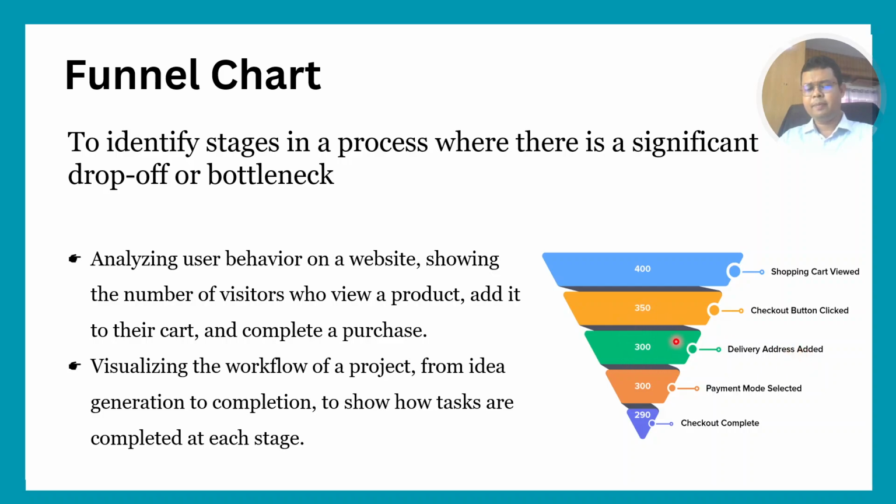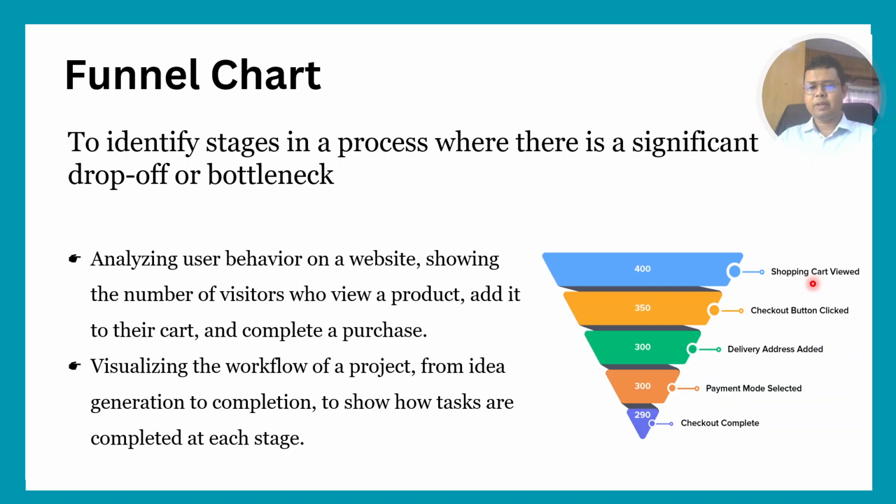After 1 or 2 minutes later, delivery address provided or added. So within this time, 50 more customers already dropped, right? But who provided the delivery address, right? They made payment. There is no drop here, right? But after making the payment, maybe payment mode selected, but at the final stage, 290 customers actually completed checkout, right?